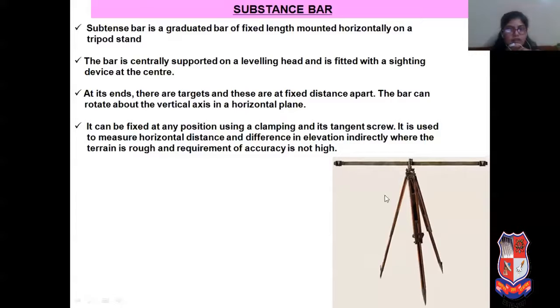The bar can rotate about vertical axis in a horizontal plane. It can be fixed at any position using a clamp and a tangent screw. It is used to measure horizontal distance and difference in elevation indirectly where the terrain is rough and requirement of accuracy is not high.